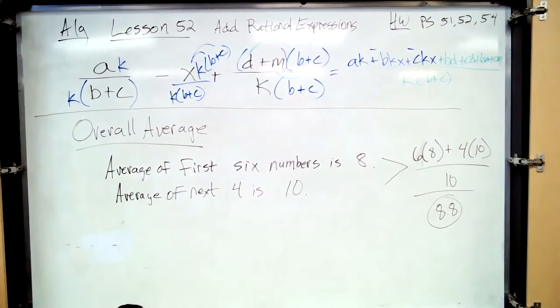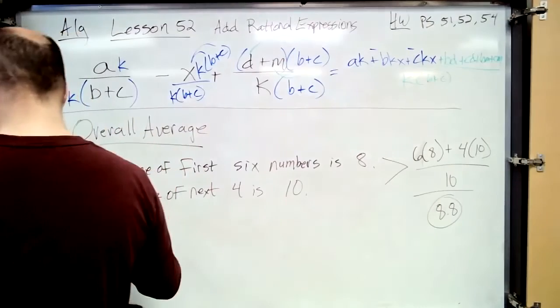So really, the formula is right in the problem. Average of first 6 numbers is 8, average of next 4 numbers is 10. 6 times 8 plus 4 times 10, all divided by 6 plus 4, which is 10.